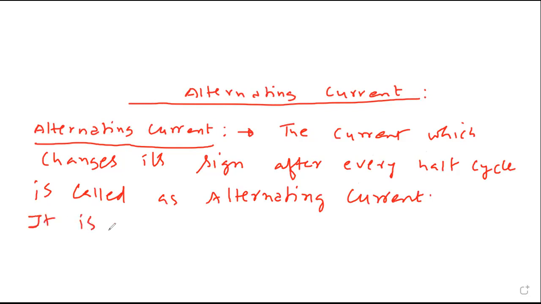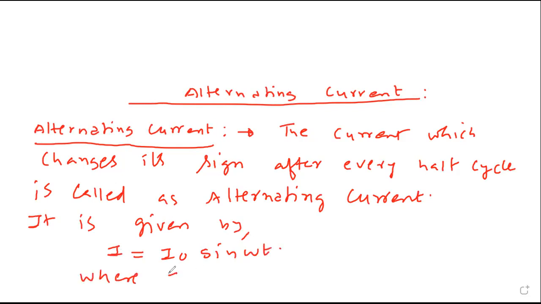It is given by I equals to I naught sine omega t, where I naught is called as maximum current. Very simple chapter is this one, maths related it is, right?